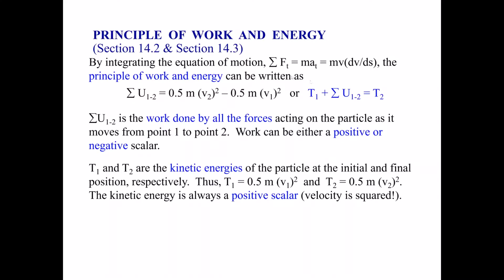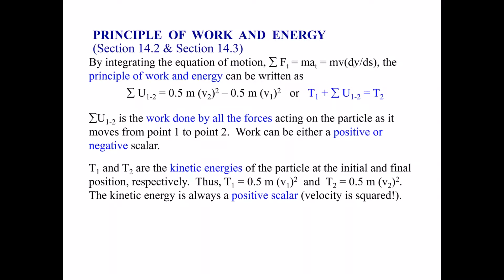Okay, so the principle of work and energy. What we had previously talked about was the summation of forces in the tangential direction, and we substituted in for the acceleration in the tangential direction. Now we have a different form of this equation. We would do the integral of F dot ds, but now this ds cancels out with the other ds, and you have an initial velocity and a final velocity.